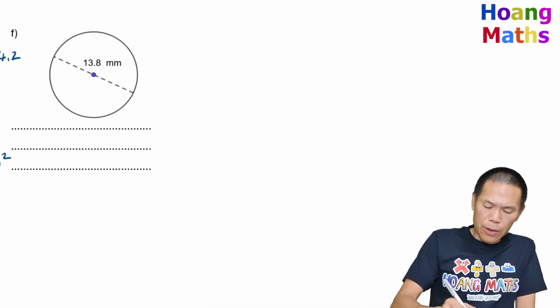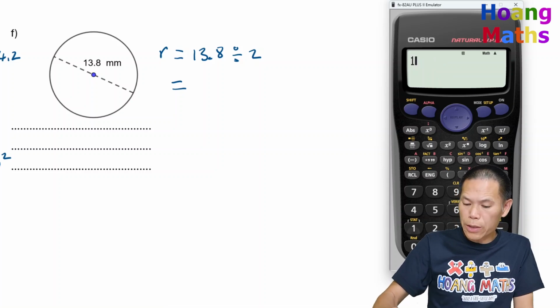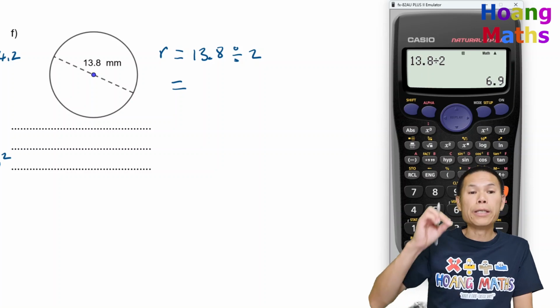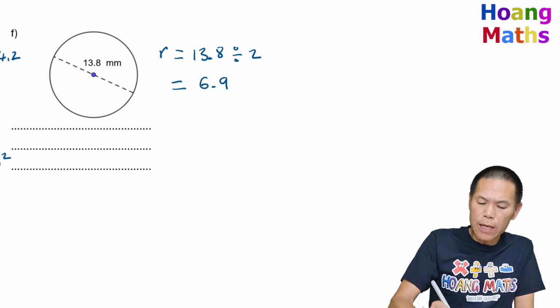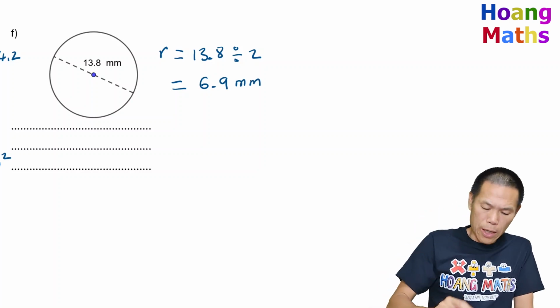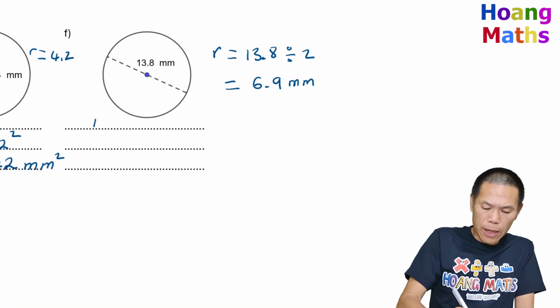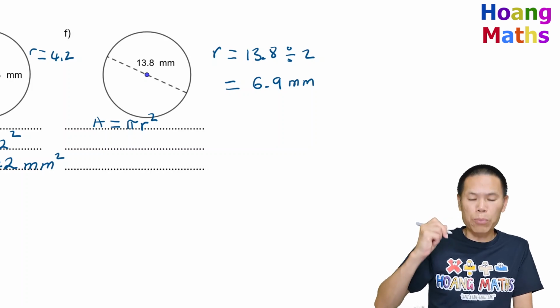Part F. So the radius is 13.8 divided by 2. So I just go 13.8 divided by 2. That will give 6.9 millimeters. Okay, that is the radius of the circle. And we know that the area is pi times the radius squared. And the radius is 6.9.